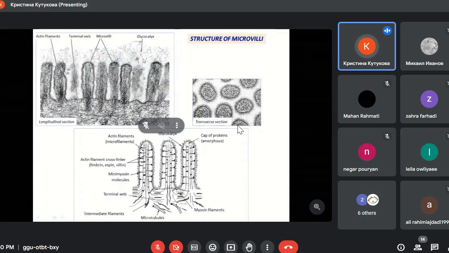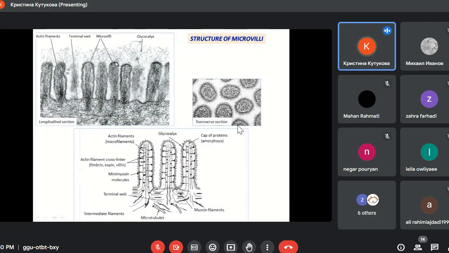So some of these molecules of glycocalyx are actually enzymes attached with one end to the cell membrane and the other end free, and these enzymes are for breaking down the food particles, exactly the dimers into monomers, and monomers then go through the cell membrane inside the cytoplasm of microvilli and then to the cytoplasm of the cell.